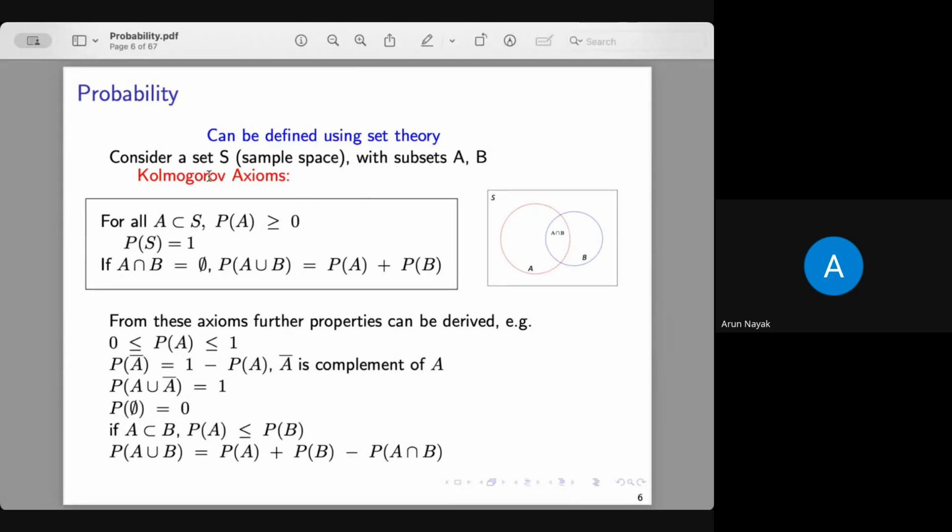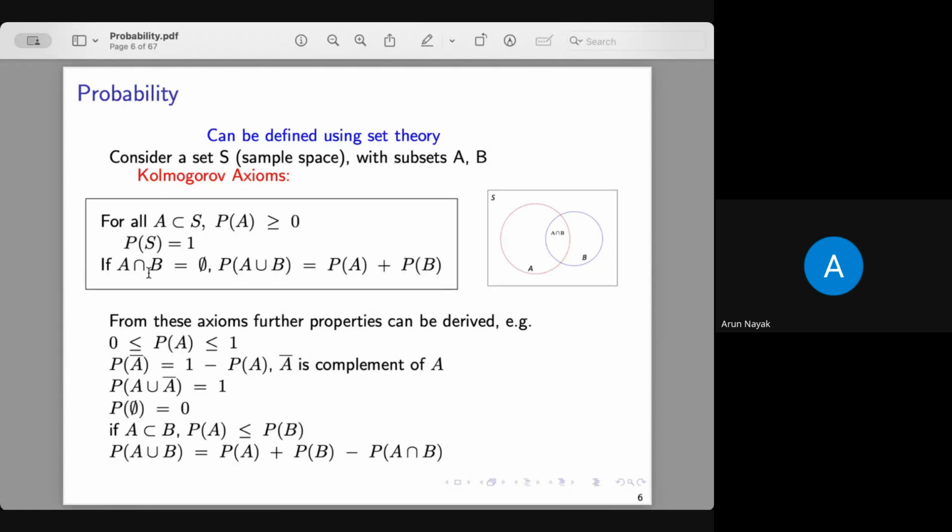So the Kolmogorov axiom defines the probability. It says that for all A, which are subsets of S, the probability of A is always greater than or equal to 0, and the probability of the whole sample space, the space which contains all possible elements or all possible random values of your variable, the probability of S is 1, that is expected.